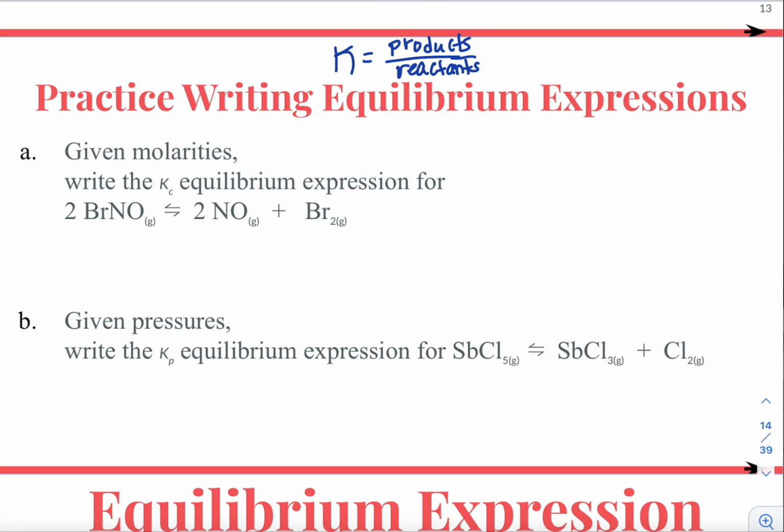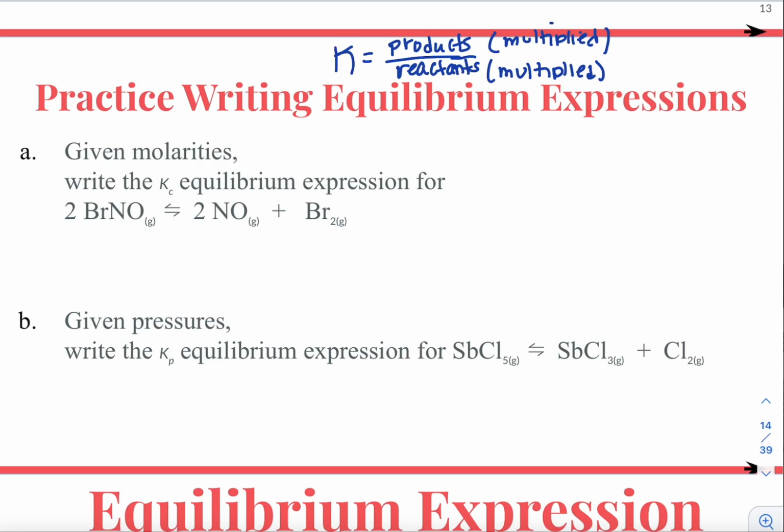And if you have more than one product or more than one reactant, you multiply them together. Okay, so products would be multiplied and reactants would be multiplied. Now in your expression, you can just show that by sticking them together. You don't have to write a multiplication sign.